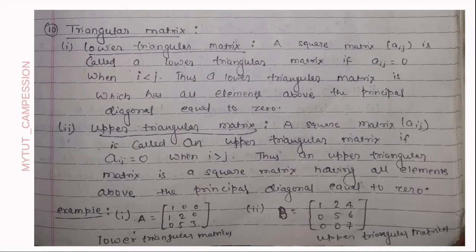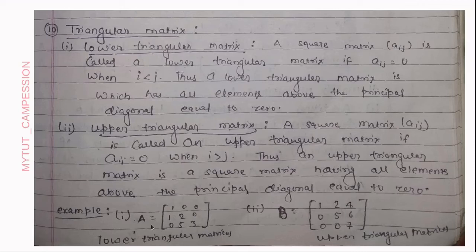That means when a square matrix has all elements above the principal diagonal equal to 0, then we can say it is a lower triangular matrix. If you have any confusion, now we will see an example.